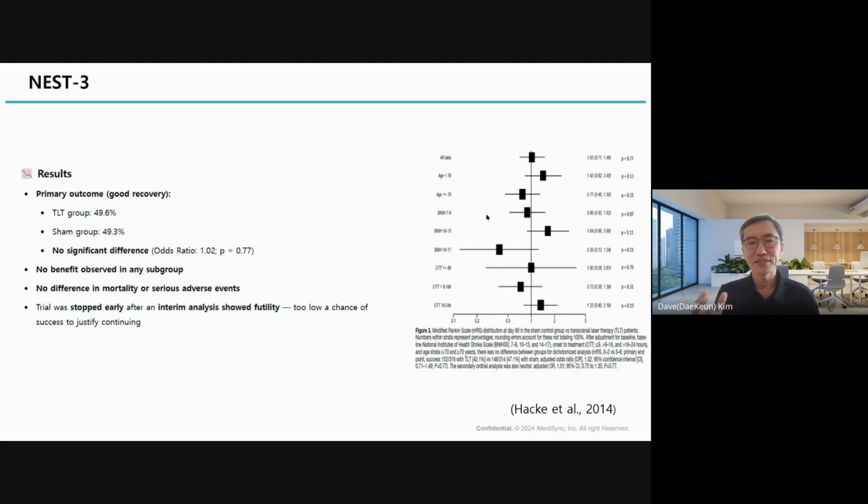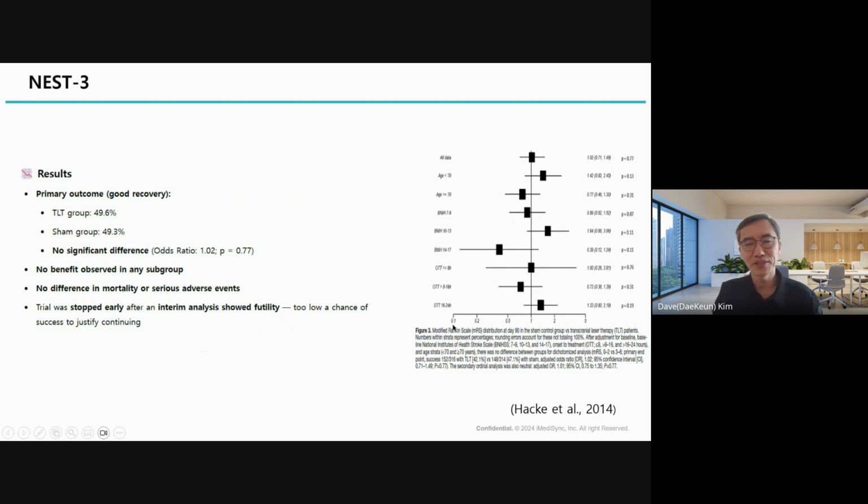I think the basic cause of the failure of their clinical study is that they used the same protocol, not a personalized protocol, and they only used one stimulation within 24 hours after the stroke.